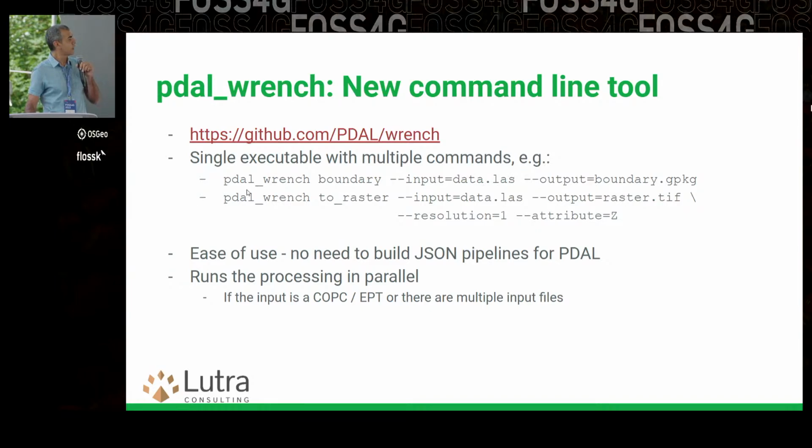And you can run it either from terminal, your shell, or it's integrated within QGIS as a processing tool, and you can run it from there. It also automatically handles the multi-processing, the parallelization based on the number of CPUs you have, so you don't need to do any manual work on that side.